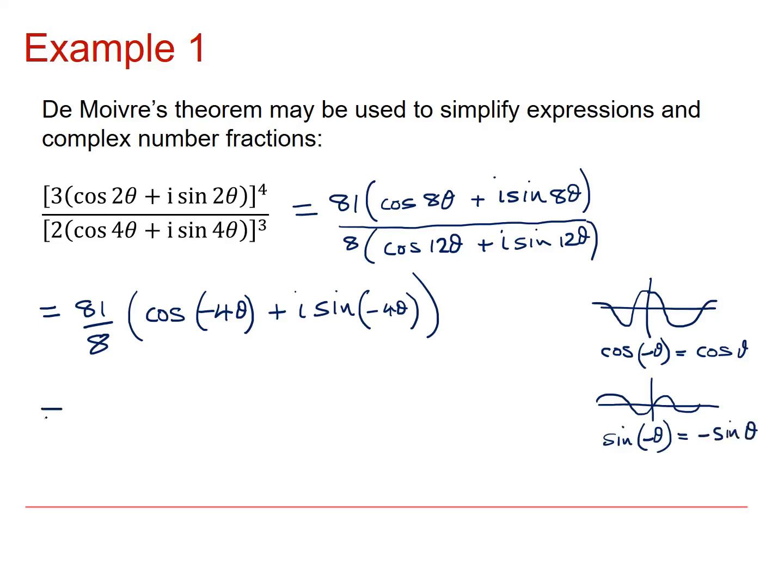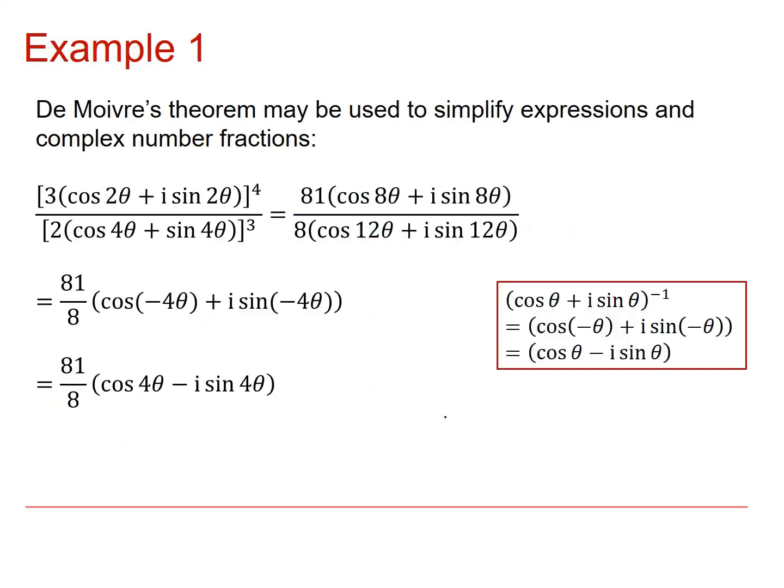So I can tidy this up over here. I get 81 over 8 times the cos of 4 theta minus i sine of 4 theta. There's that tidied up for you.